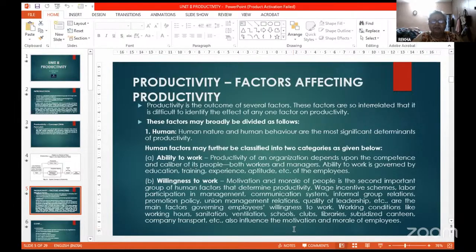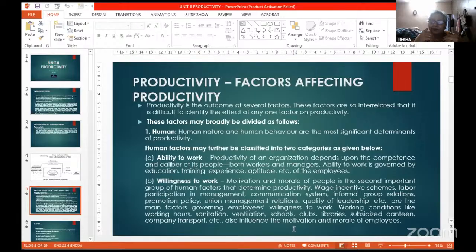Human factors, you can classify as ability to work, like you have the knowledge. Suppose the machine is being governed by some computer, so you have to have the technical knowledge of how to use the computer so that it gives you the desired result.